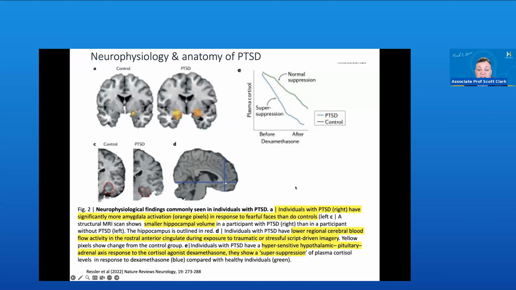And they have a super sensitive pituitary, hypothalamic response to stress. And so that cortisol, which is normally released under stressful conditions, is super suppressed in those people that have trauma. So there are biological changes and changes in the brain that are associated with the development of PTSD.